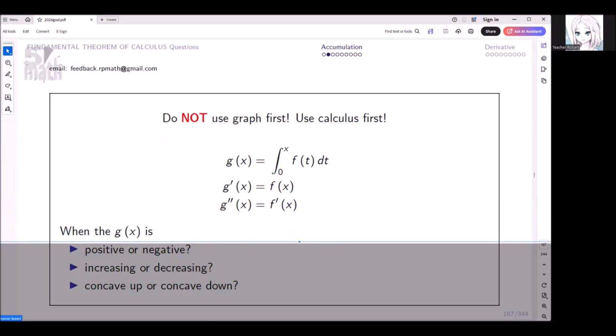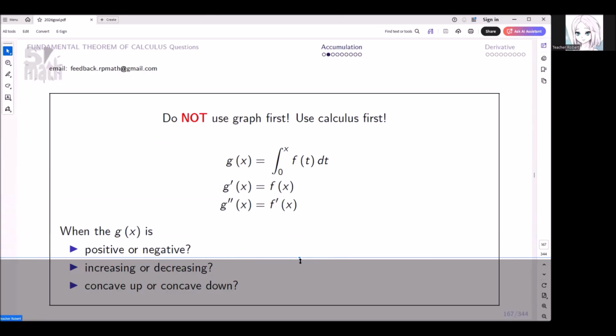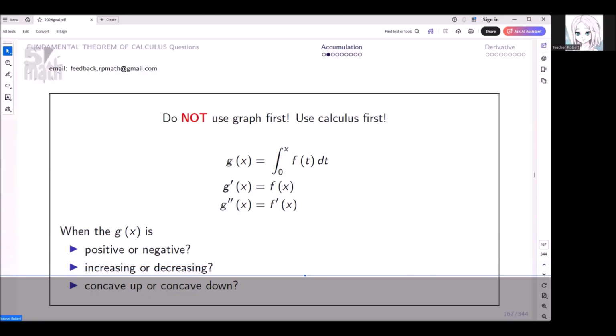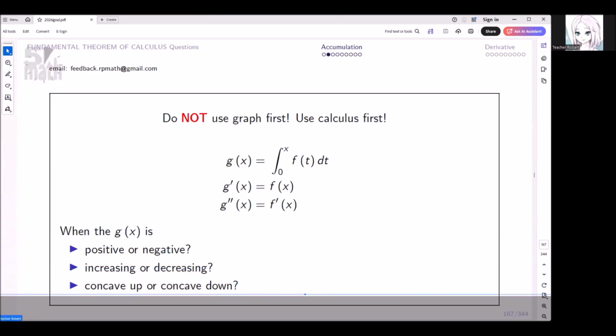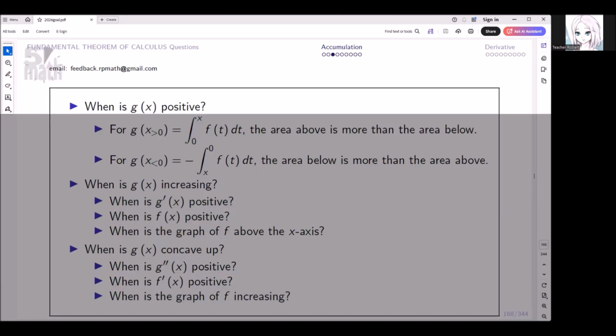When is g positive or negative, increasing or decreasing, concave up or concave down? When is g of x positive?